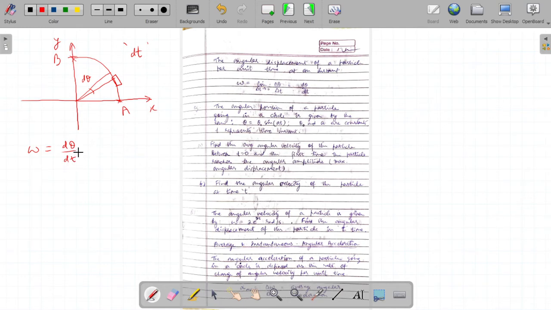To compare this with the average angular velocity, in the last question which we did, the particle went from point A to B in the time of 5 minutes, and it covered an angle, as you can see, of pi by 2 radians. So the average angular velocity of the particle between points A and B was pi by 10 radians per minute, whereas we can judge that the car may or may not have traveled with this angular velocity throughout its motion.